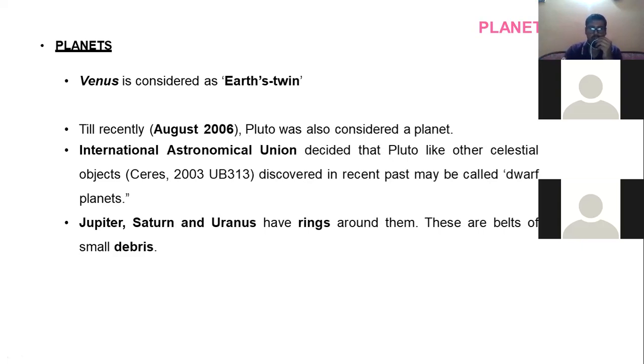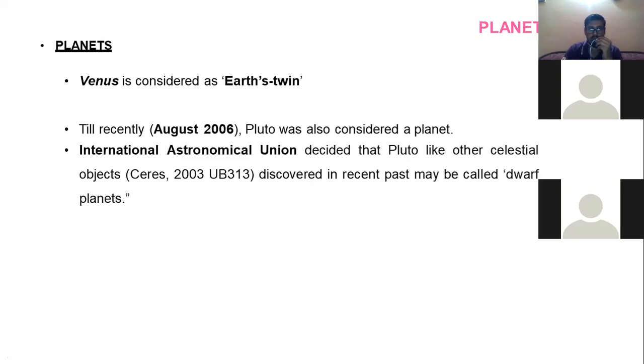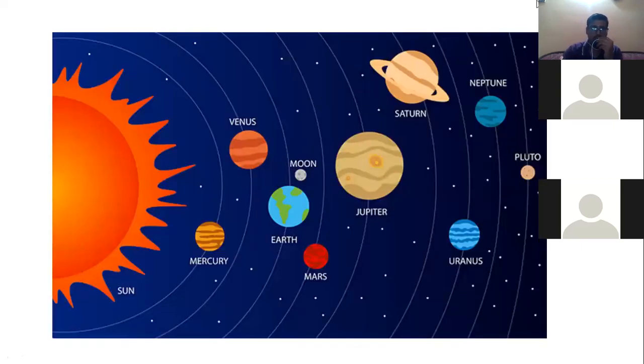If we talk about this particular solar system, let me show you. This is the sun and these are the orbits. For a planet to be considered a planet, if we talk about Venus, Earth, or Saturn, there is a must condition that it revolves around these particular orbits.